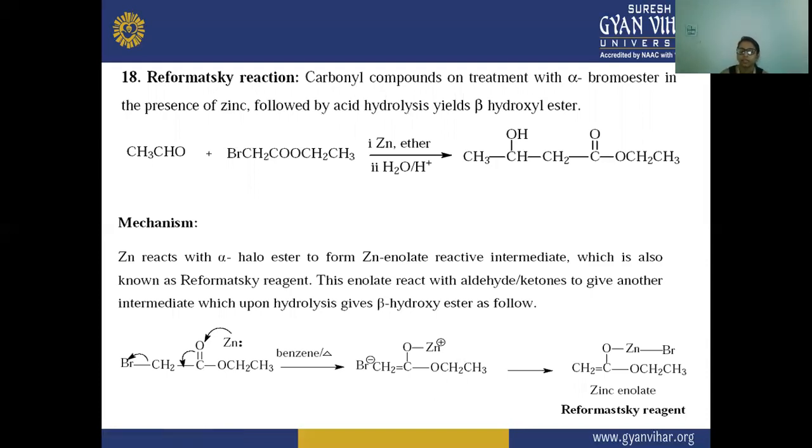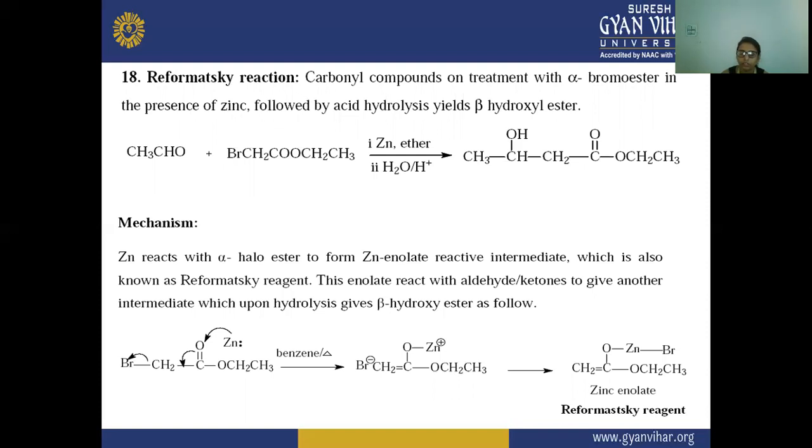Next, the reaction mechanism. The reaction mechanism involves zinc reacting with alpha halo esters to form zinc enolate, a reactive intermediate, which is also known as Reformatsky reagent.